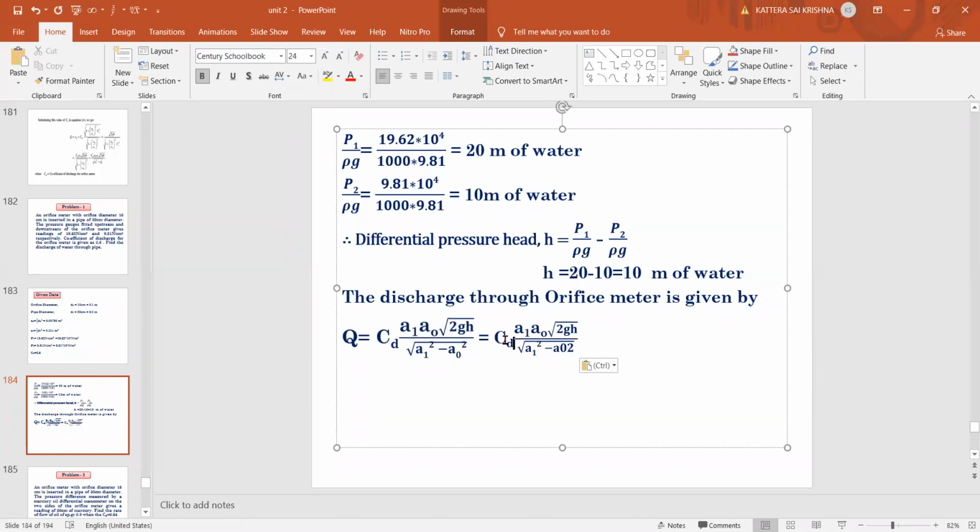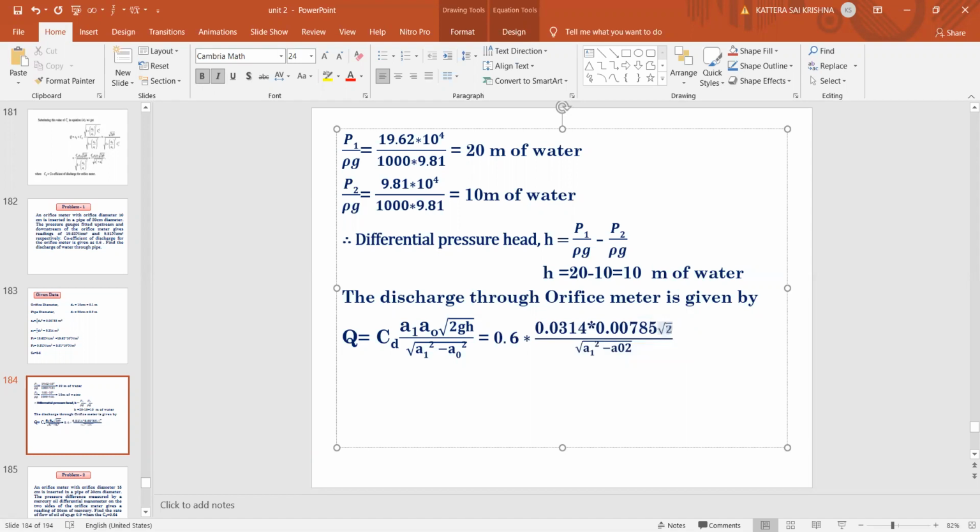CD is given. What is the value of CD? 0.6 into A1. What is the area we got? What is the A1 value, the area of the pipe? 0.0314. Into the area of the orifice, 0.00785, into under root of 2GH.